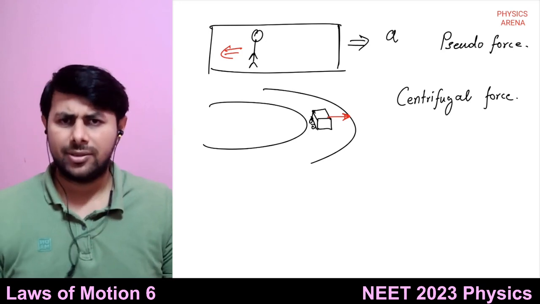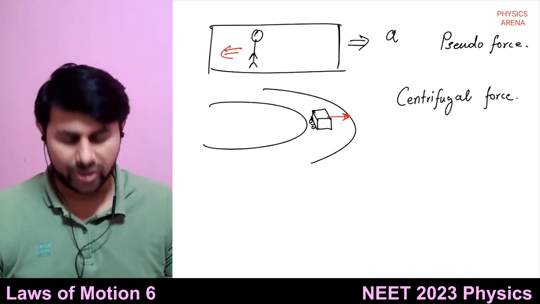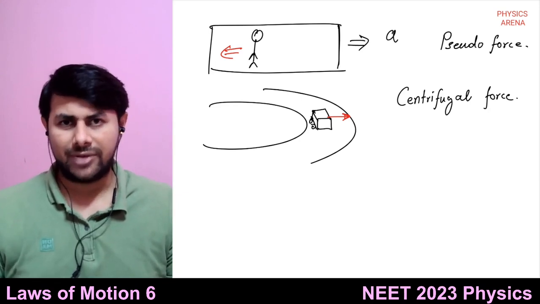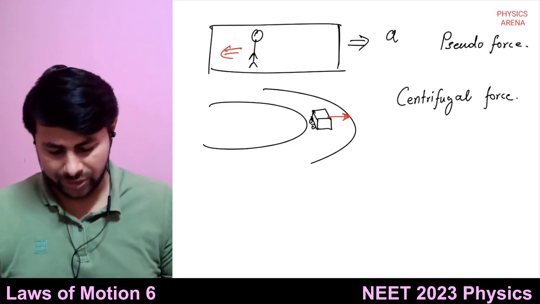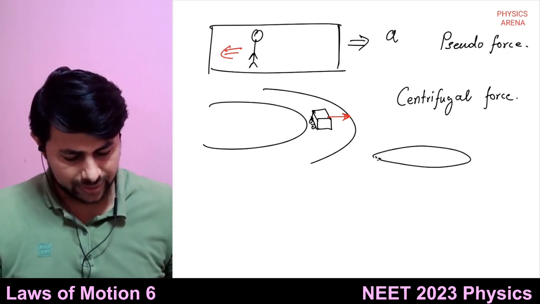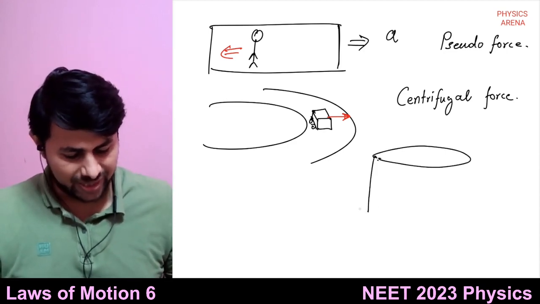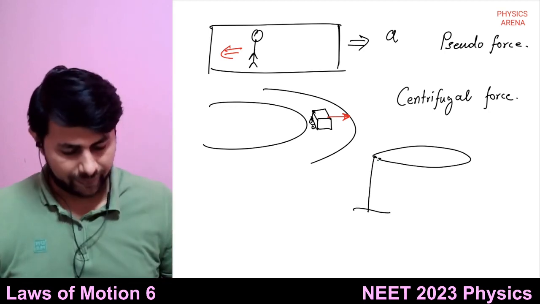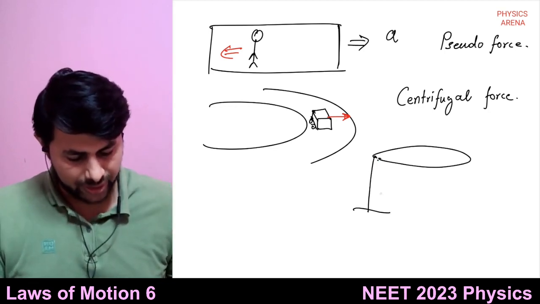Another example, which is again for circular motion: suppose there is a merry-go-round. Okay, there is a fair, and have you seen a merry-go-round? It looks like this. There is a circle, and there are some rods.